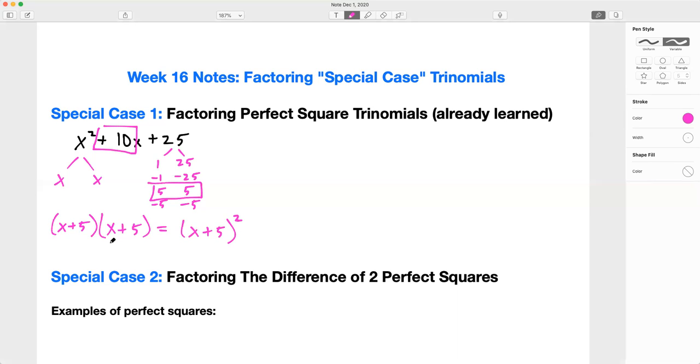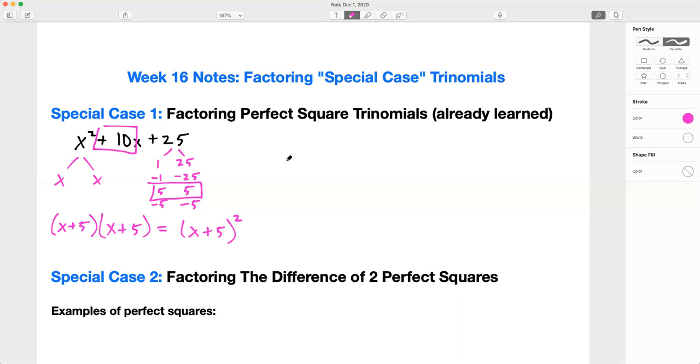Why is that? Well, it's because we're multiplying x plus 5 by itself, so that must make sense, right? This is called then a perfect square trinomial. We got it by multiplying x plus 5 by itself.